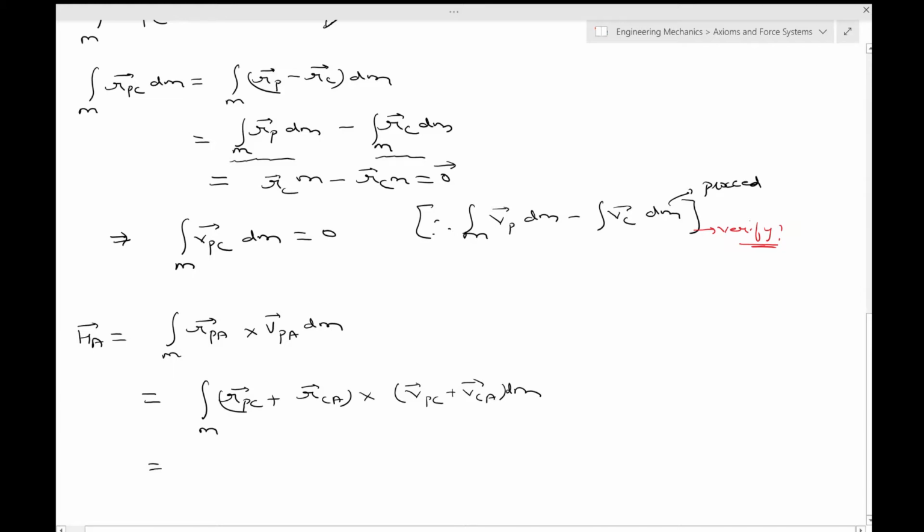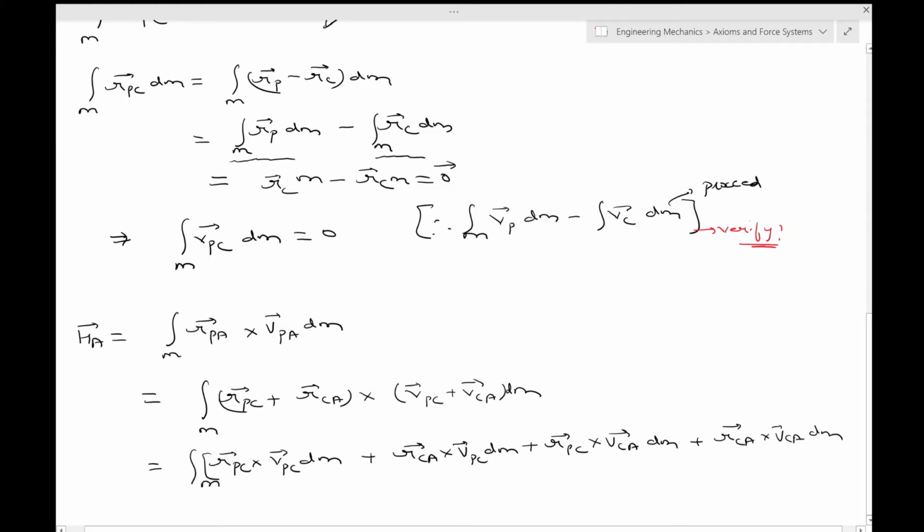Now you can take each of these terms: R_PC cross V_PC dm plus R_CA cross V_PC dm plus R_PC cross V_CA dm plus R_CA cross V_CA dm, integrated over m.